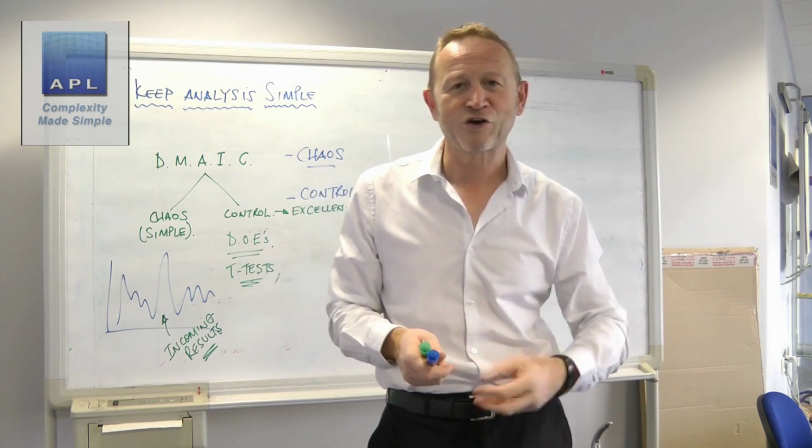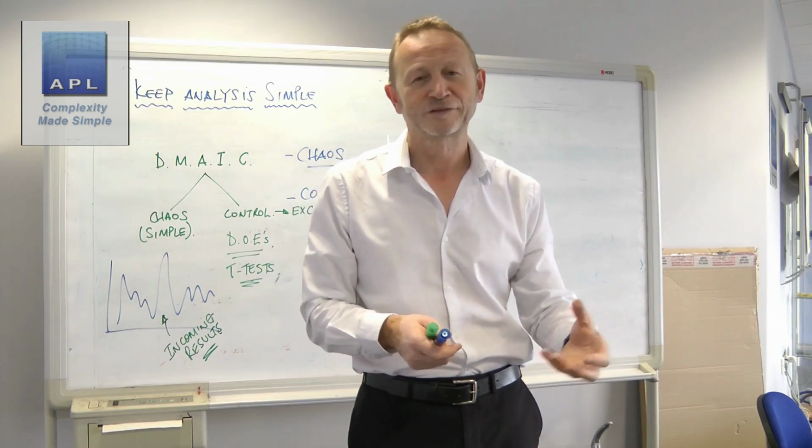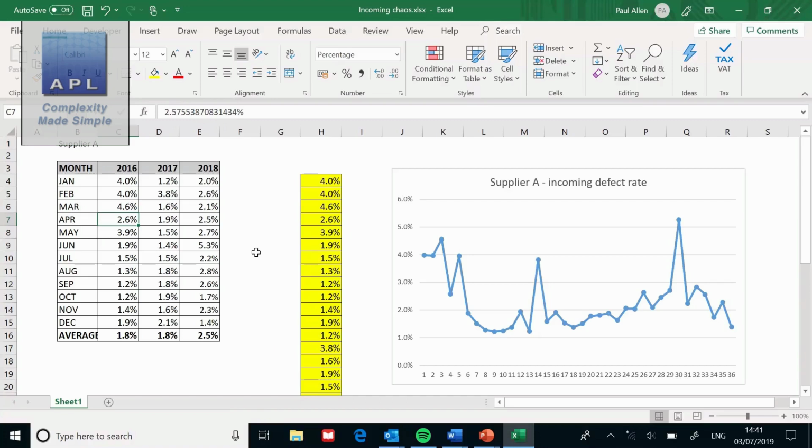But let's go back to the graph. Look at the graph. Look how chaotic it is. Right from the early performance, 4, 5 and 6 really wild. Then the process calms down. Then by data point 14, it goes really wild again. And then by data point 30, it goes really wild again.